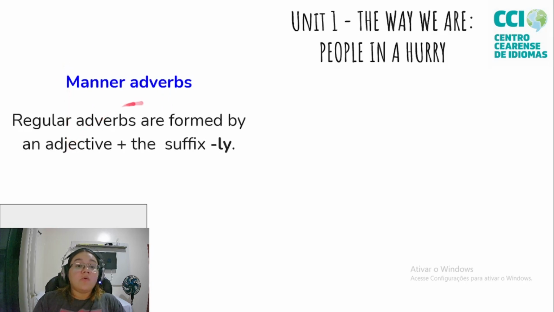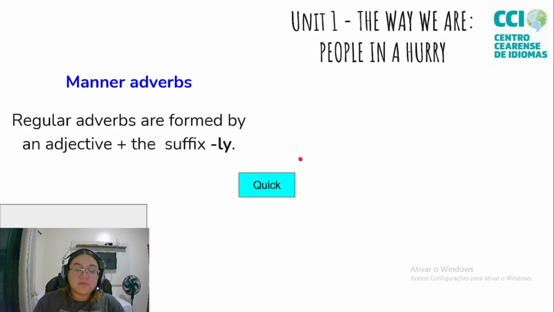So adverbs, when we have regular adverbs, all we have to do is, an adverb is what? It's an adjective that has the ly ending. So how do we make an adverb? This way.